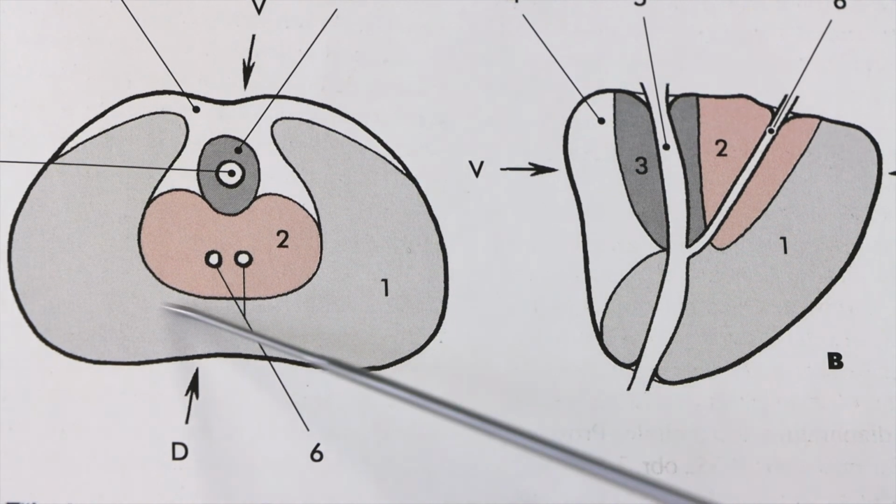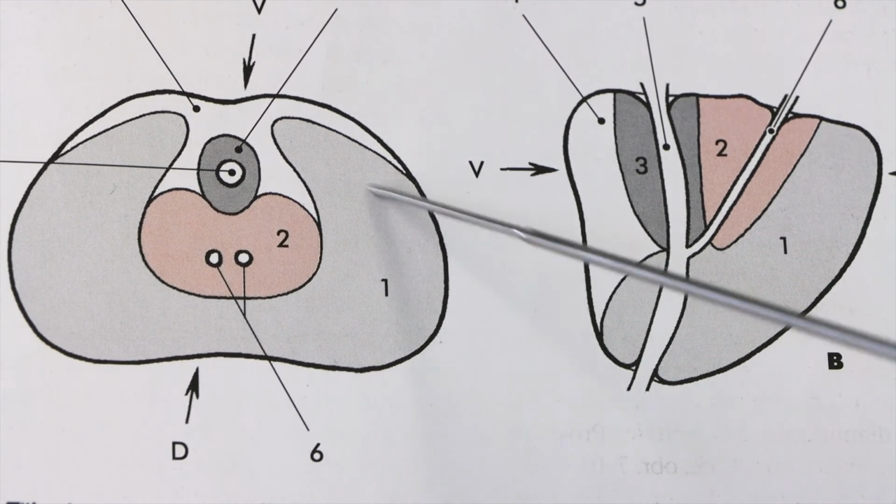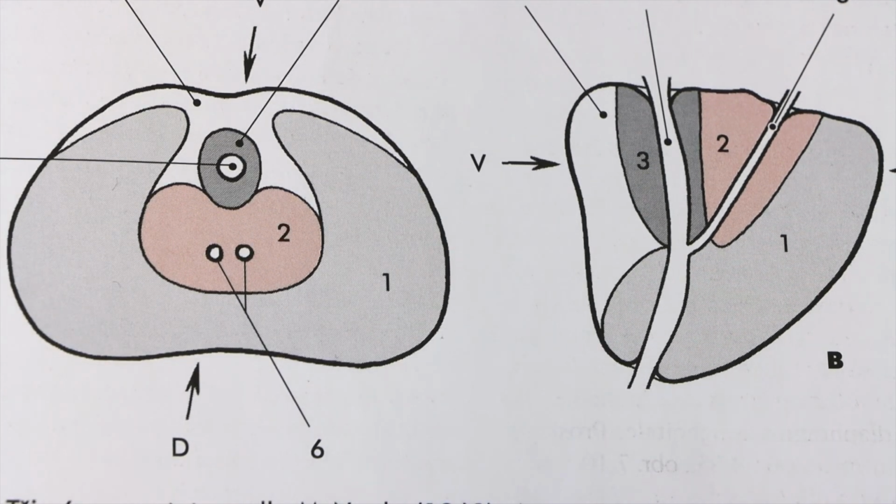Then here is the largest part of the prostate, which is called the peripheral zone.